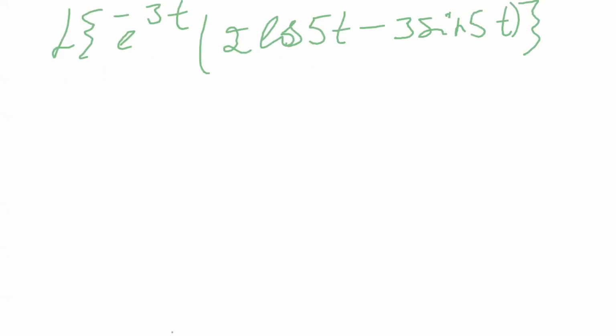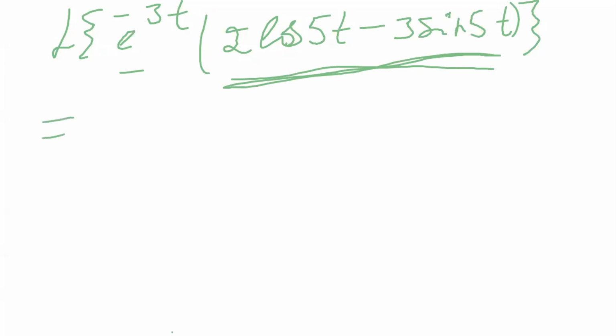This is the problem. Observe that the open brackets have two functions of t. One is cos 5t and second one is 5 sin 5t. These two functions in between minus, it is possible to apply a linearity property. But in the outside, the curly bracket e power minus 3t is a multiple.